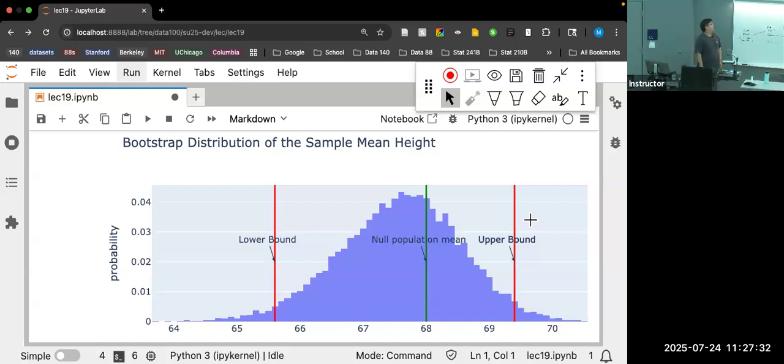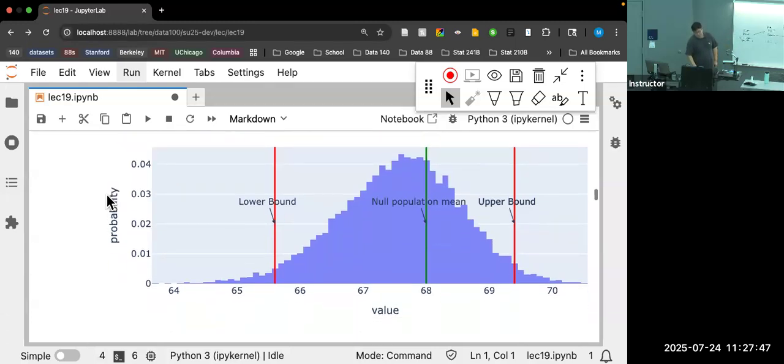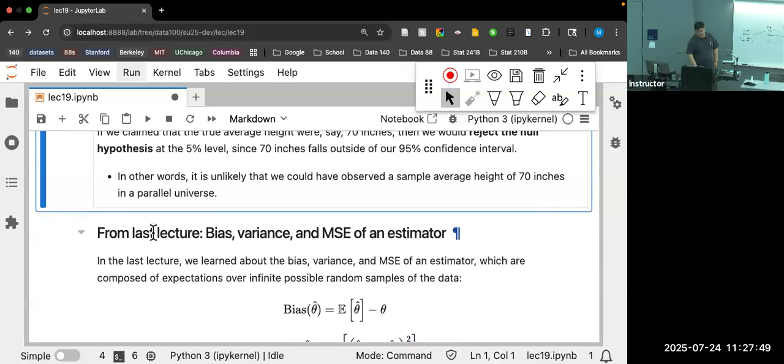I think that's more precise. Okay, so in hypothesis testing terms, it means we cannot reject the null. Remember, you cannot prove the null, you can only fail to reject it. Anyways, that's the idea.